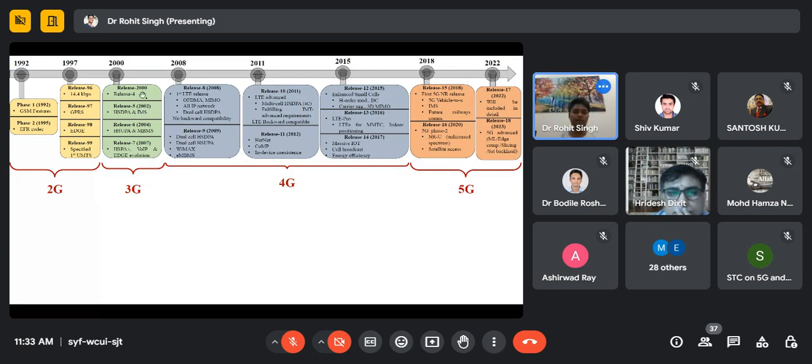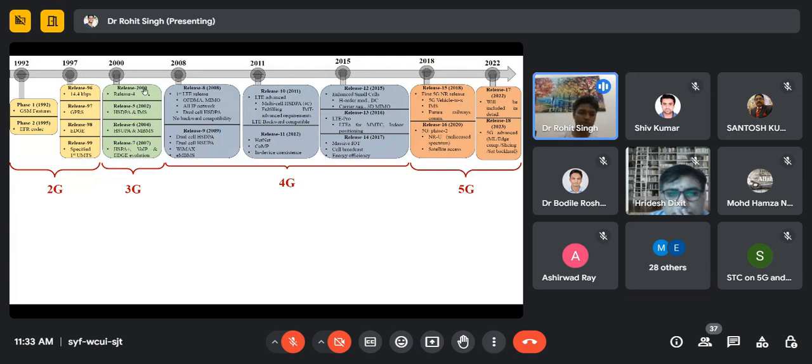Then in the year 2000, we started working on 3G, and so the release of 2000 was renamed as release 4, and the release of 2002 named as release 5. After that, the releases are subsequently known as release 5, 6, 7, 8, 9, 10, 11, and so on.